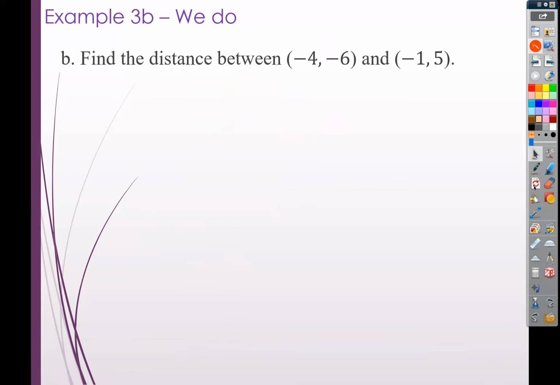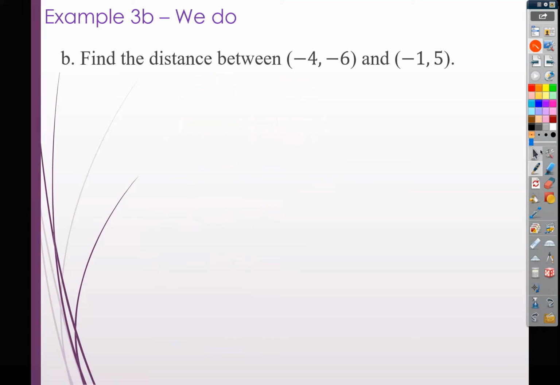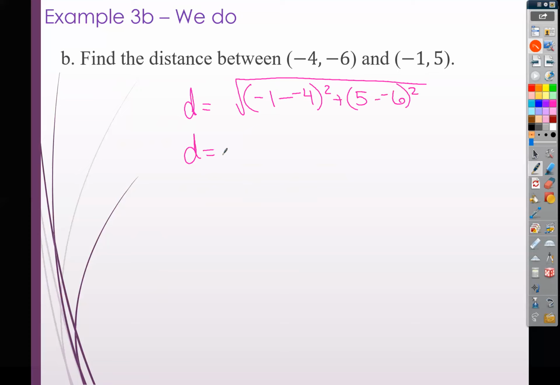Okay, let's try another one. So find the distance between these 2 points. Okay, so distance equals, so x2 minus x1 squared plus y2 minus y1 squared. Double negatives are awful, so let's get rid of those. So we have -1 plus 4 squared plus 5 plus 6 squared.